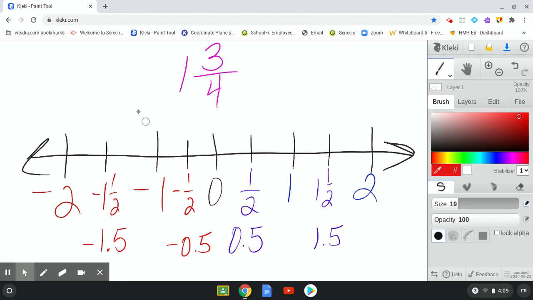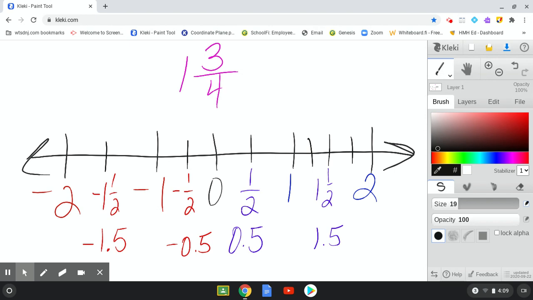Okay, now let's say they wanted me to graph 1 3/4. Well, first of all, it's positive, so I know I'm looking on the right side of my number line. But if you notice, I don't have a 1 3/4. So here, when we are talking whole numbers and then halves in the middle, we can go and add 2 more tick marks and think of money, think of quarters, okay?